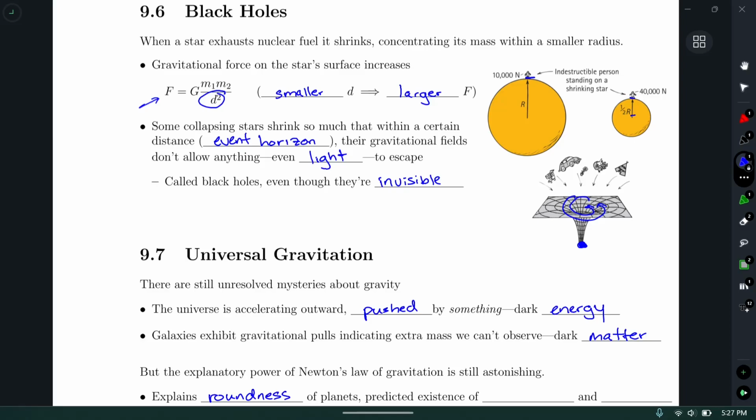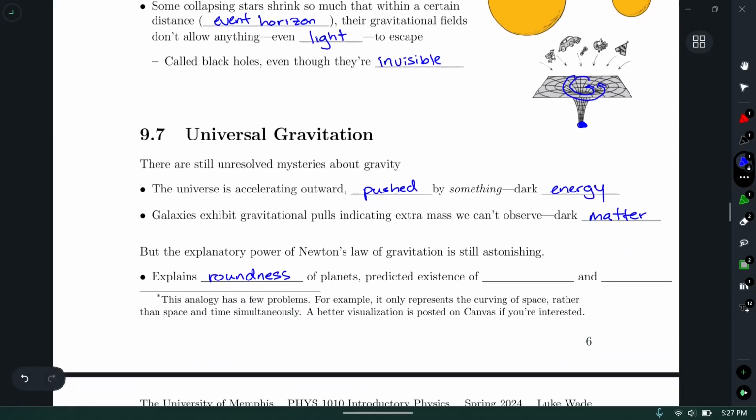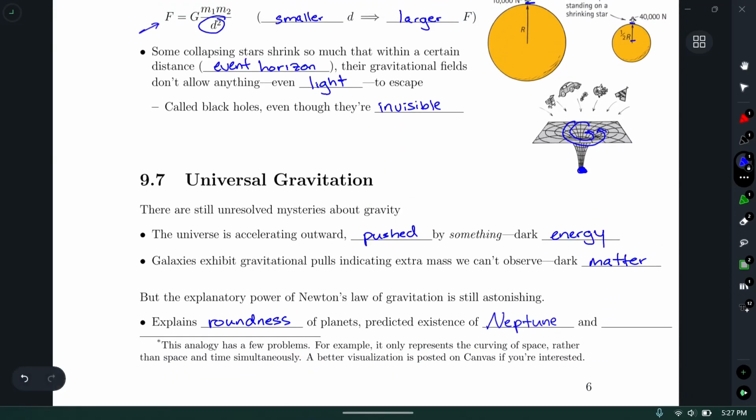And based on Newton's law of gravitation, they predicted the mass of this planet, they predicted where it should be in the night sky, and they looked for it. And they found it. It was Neptune. So Neptune was not found just by looking through a telescope and finding it out there among the stars. It was predicted. They used math to find it. Similar for Pluto. And to me, that's pretty amazing. Yet another win for physics.